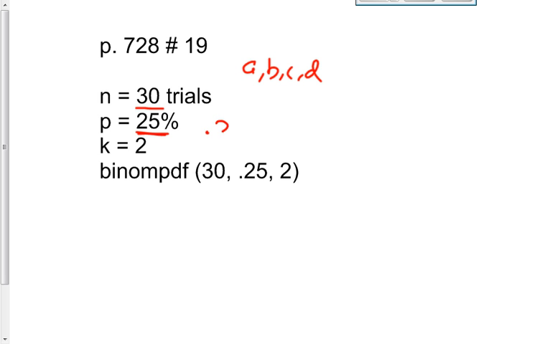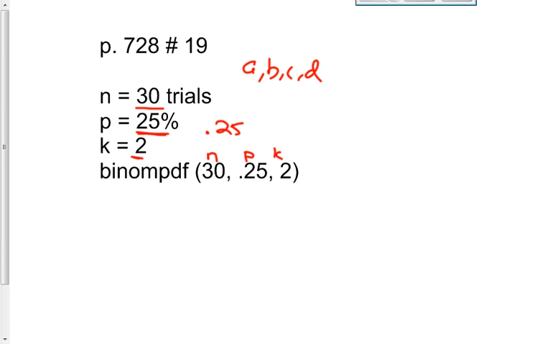We need to remember to write that in as a decimal, 0.25. k, if we remember the question, number 19, says that we're going to get 2 correct. If we're totally guessing, we're only going to get 2 correct. So our k value is 2. We will go to our binomial PDF button. We'll type in, remember it's n, p, k. n is 30, p is 0.25, and k is 2.